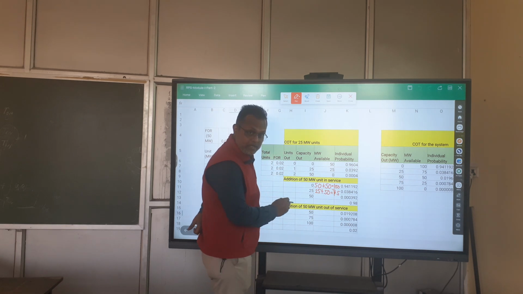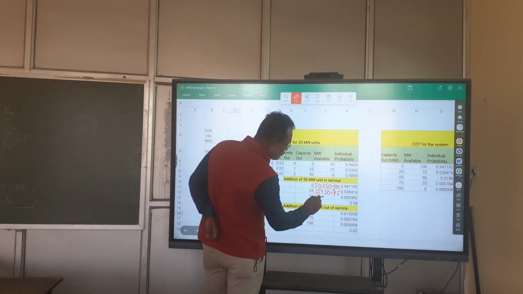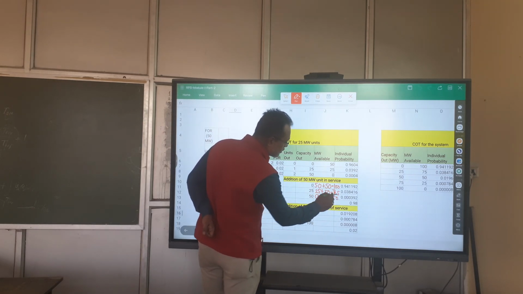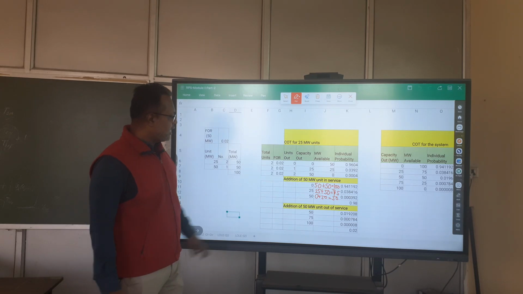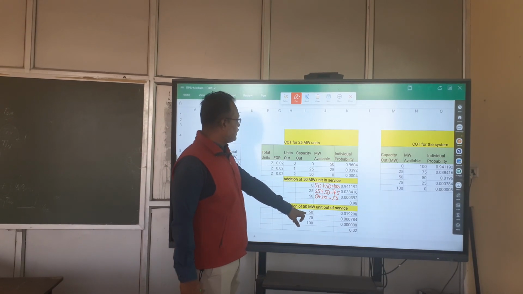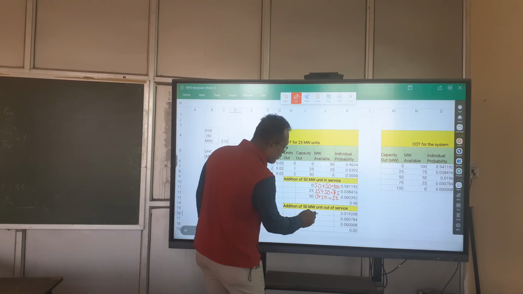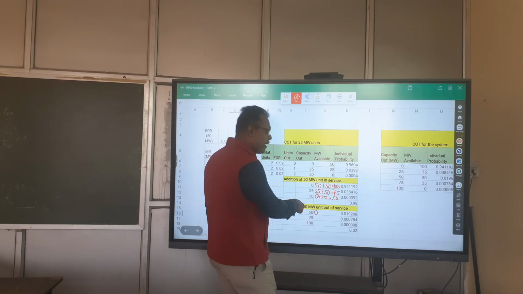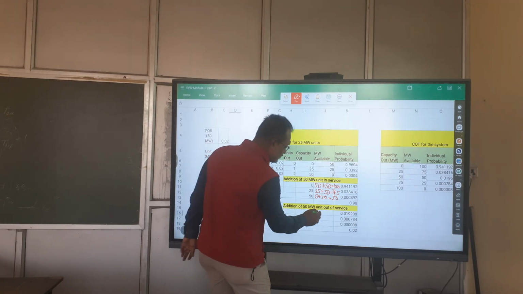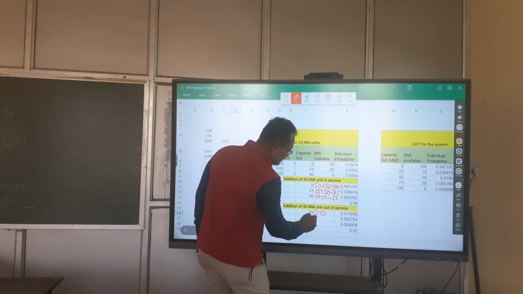Capacity outage is 50, but the 50 megawatt unit is there. So 0 plus 50, right? Similarly here, the 50 megawatt is out of service. That means 0 megawatt available from it, but the 50 megawatt is also out of service. So 0 plus 0. 75 megawatt.